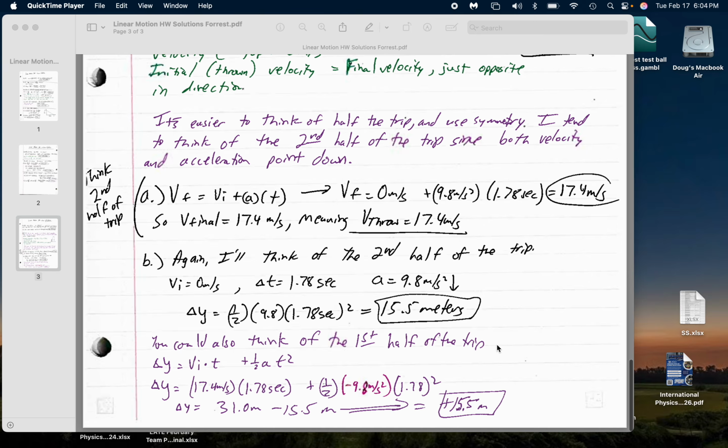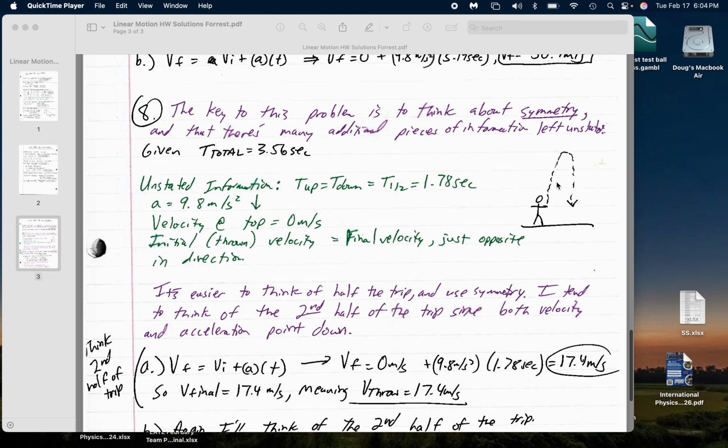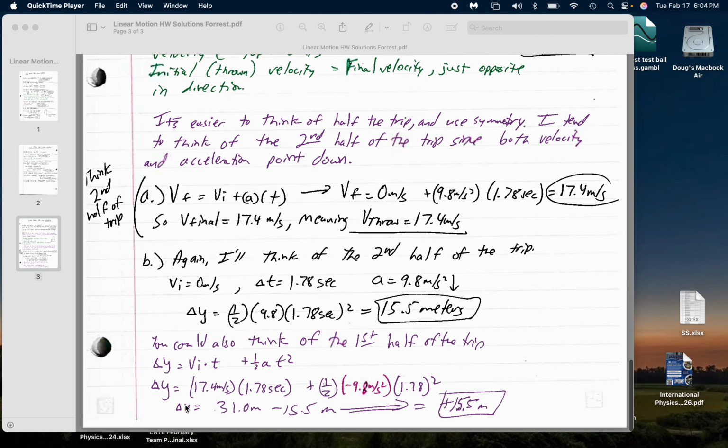Now, you could also think about this with the first half of the problem. But because there is an initial velocity here, and the final velocity is 0 here, I would need to think about that as having an initial velocity up, so I'm going to call that positive, and it's going up for 1.78 seconds, plus 1/2 times a negative acceleration times 1.78 seconds squared. So if initial velocity upward is positive, then my acceleration is downward, and that has to be negative.